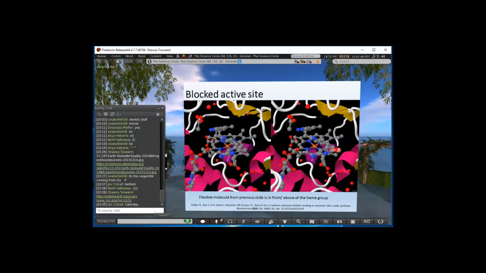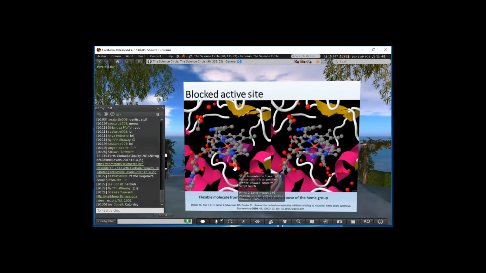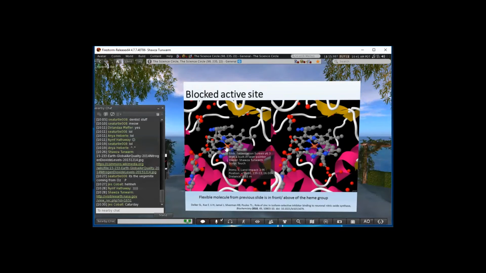And so here is a view on the other side of where we were 2 slides ago. You can see the 3D view makes it much more clear, but you can see that molecule from the previous slide just sitting like some horrible little goblin above the iron atom and preventing any of its normal substrate, the L-arginine, from getting in there.